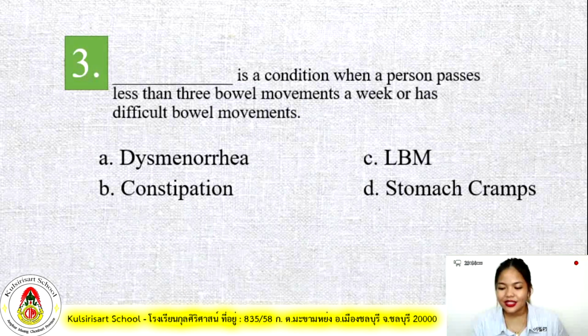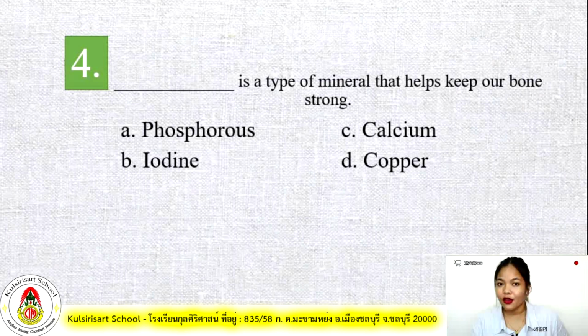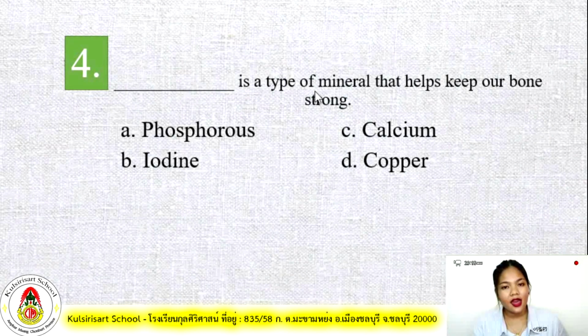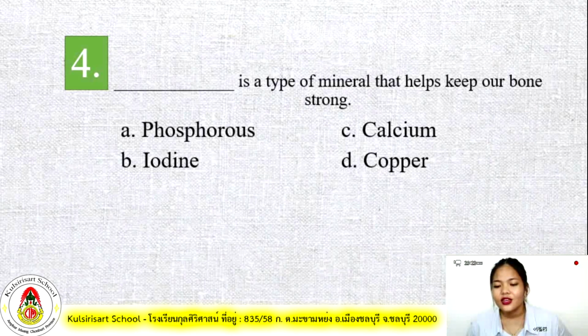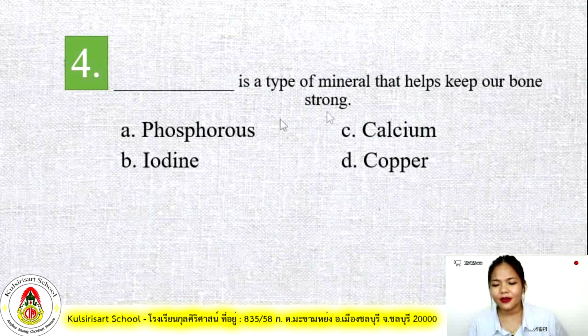Now let's proceed with number 4. I hope you can follow. For number 4, blank is a type of mineral that helps keep our bones strong. We discussed the different types of minerals and their function. So what is the answer? Again, let me repeat the question.